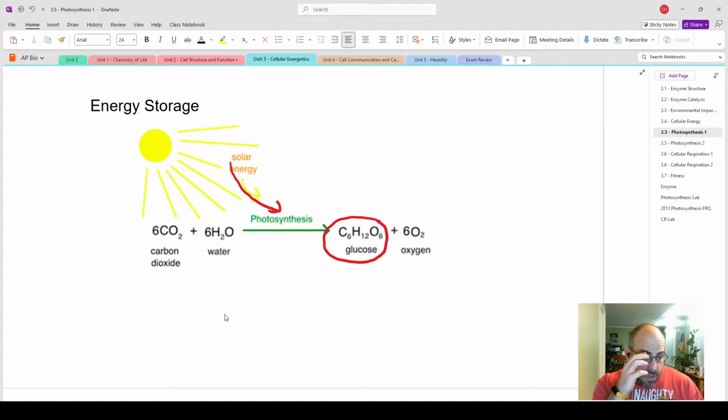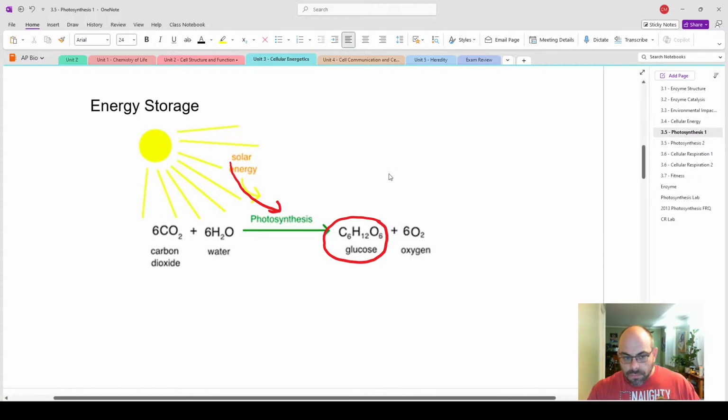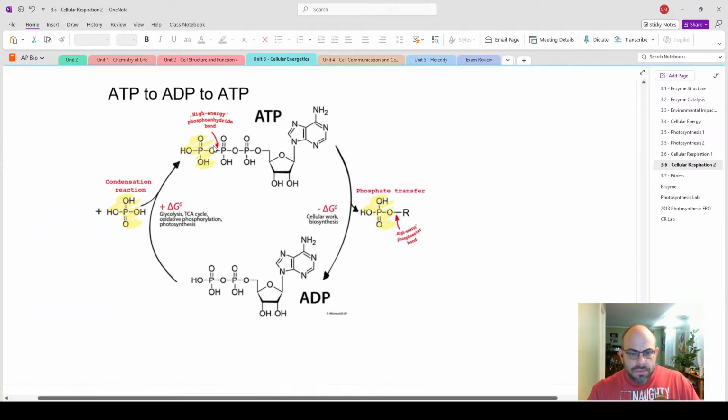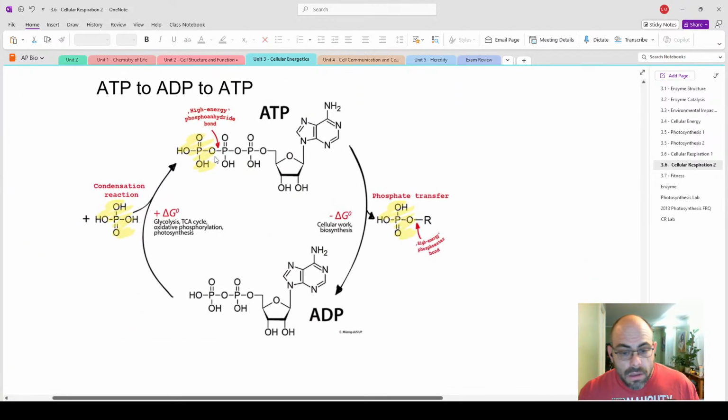So, if an exergonic reaction comes before an endergonic reaction in a pathway, the energy of the first reaction can be used to power the second. Okay, good question. Let's just use this. Going from ATP to ADP is an exergonic reaction, meaning there's energy that has been used, right?